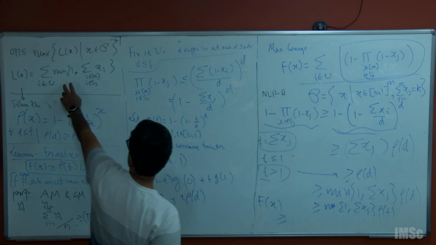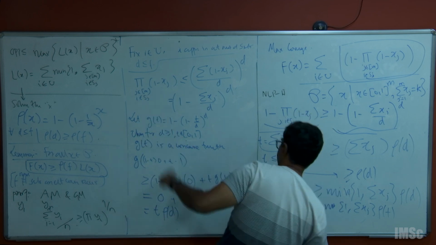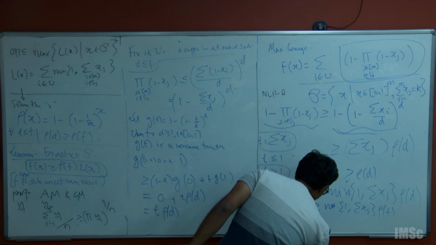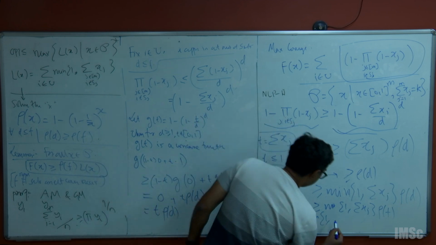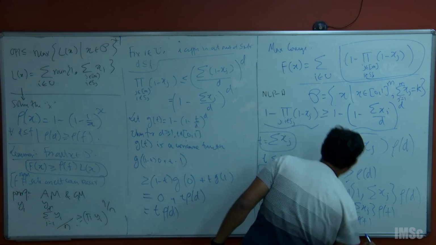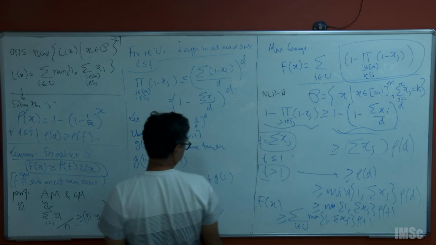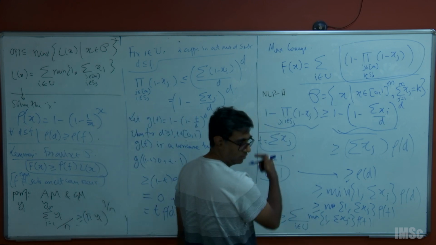If you rearrange this, you get the summation over i in U of the minimum of 1 comma the summation of x_j, comma rho_f, right? So rho_f can be taken out common and you get your lemma.